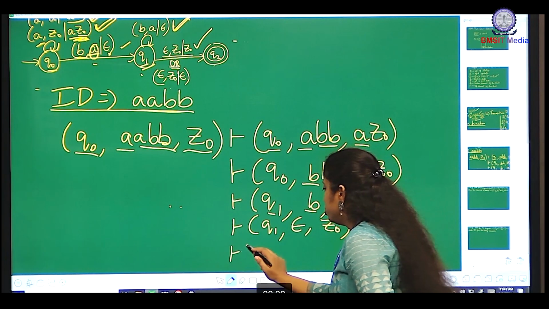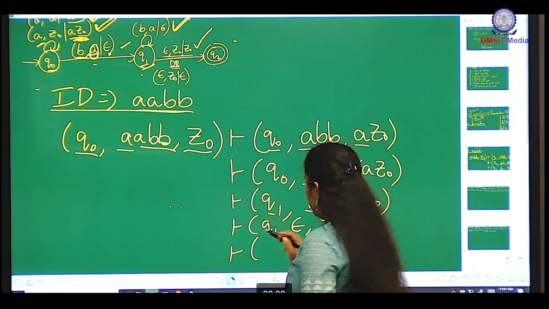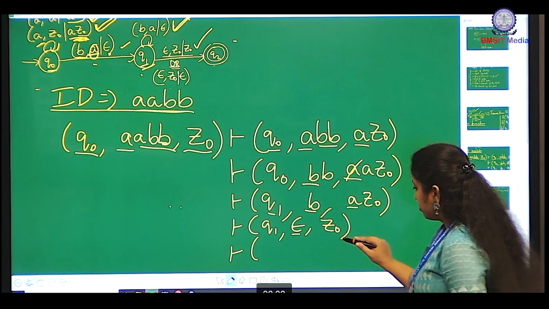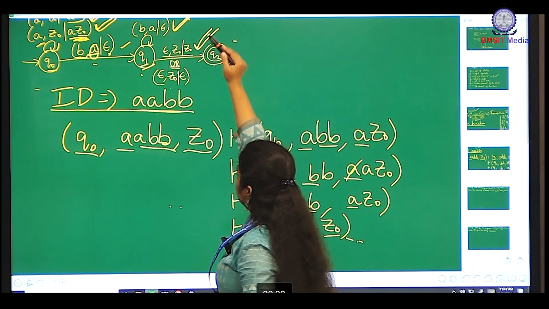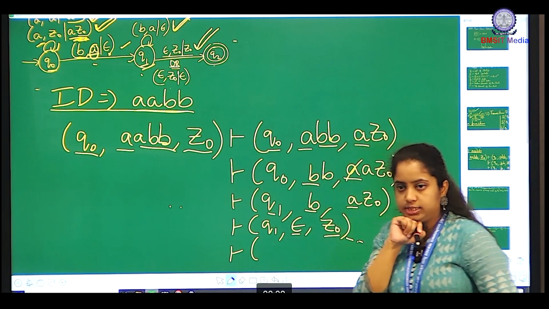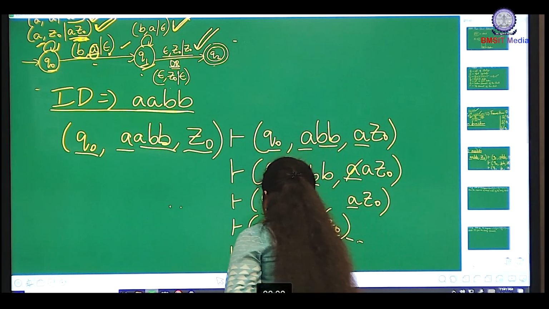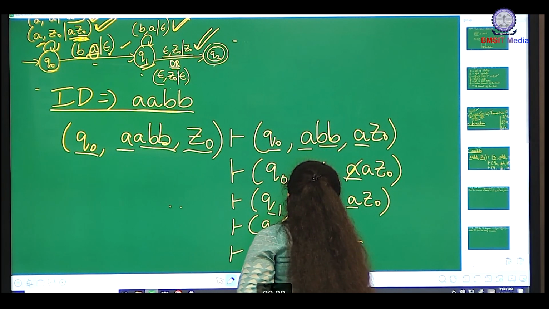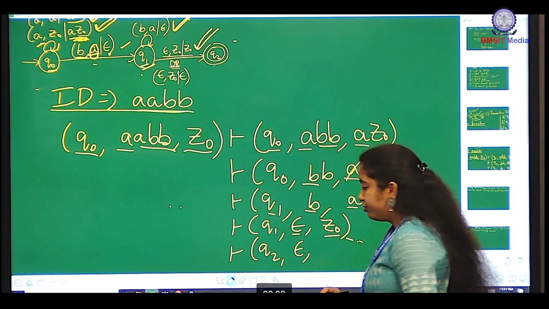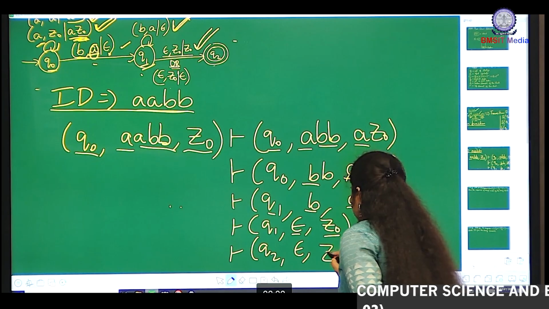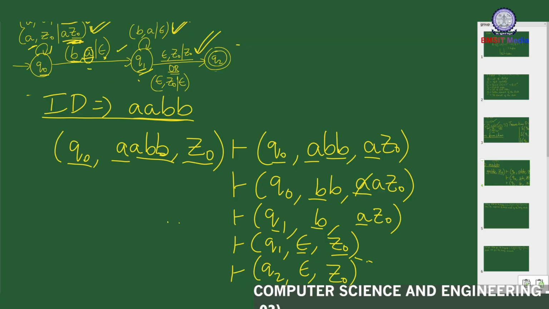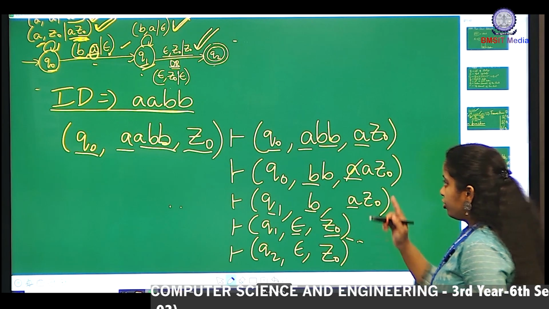Next, Q1 is reading epsilon and the top stack element is Z0. Using the corresponding transition, we will go to state Q2 and epsilon is the remaining string itself, and keep the Z0 as it is for the final state method.